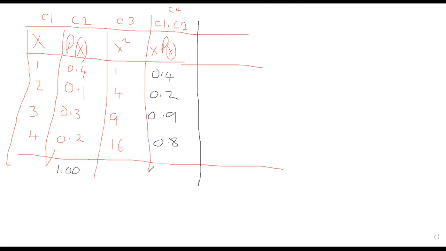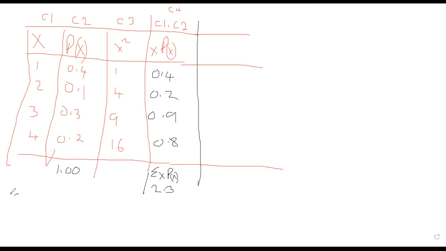So the total value is what we call our mean. So this is summation of x px, just sum up. So what do we get when we sum up this entire column? So this is 1.9, 2.3.